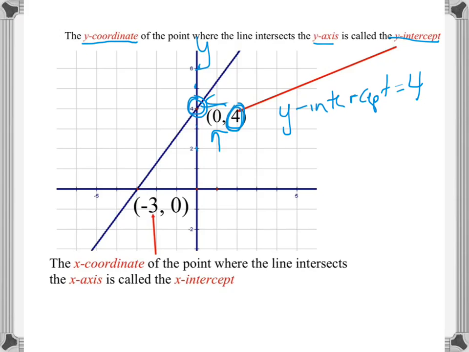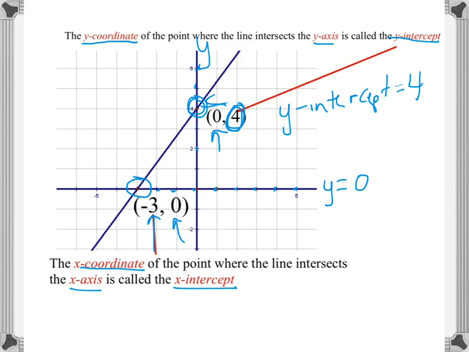Likewise, the x-coordinate of the point where the line intersects the x-axis is called the x-intercept. So this right here is the x-intercept. It is the x-coordinate of that point. And similarly, the y-coordinate is equal to 0 because every point on the x-axis has a y-coordinate of 0. In fact, another name for the x-axis is the line y = 0.